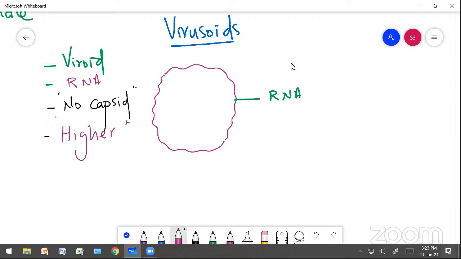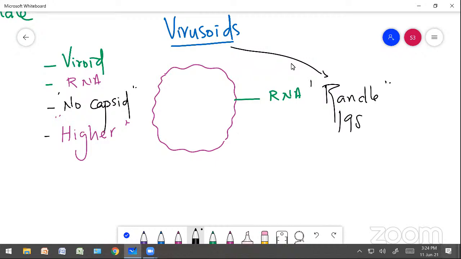So this is simply about virusoid. This virusoid was first discovered by Randles in the year 1981. It has a similar structure to viroid.